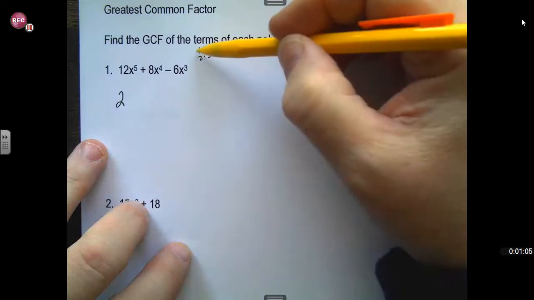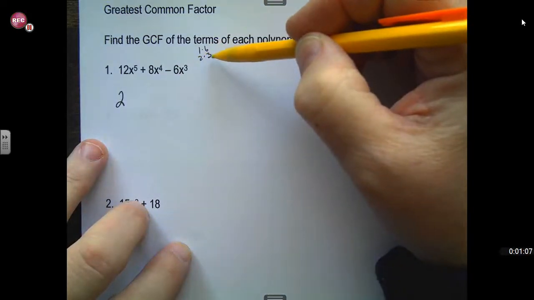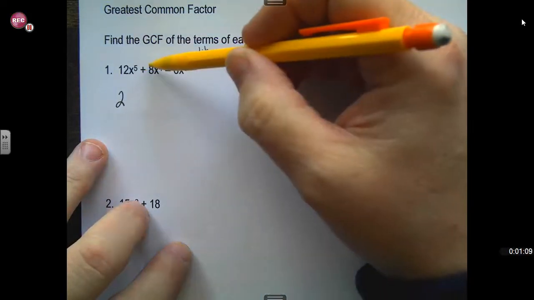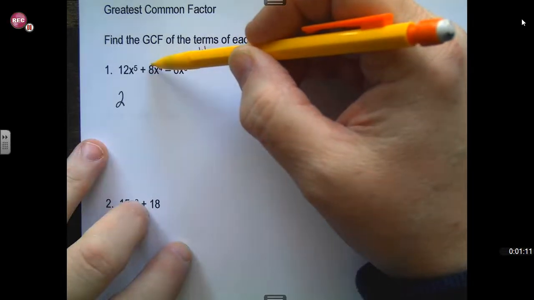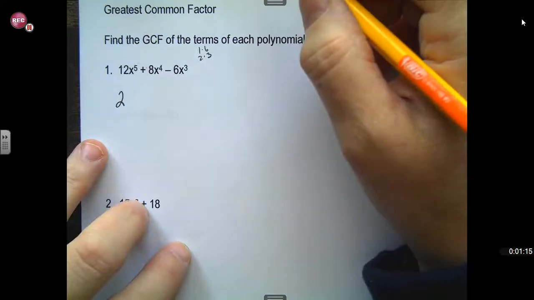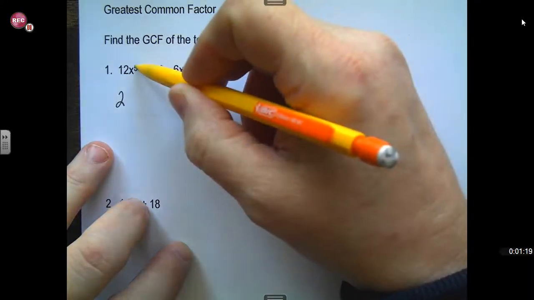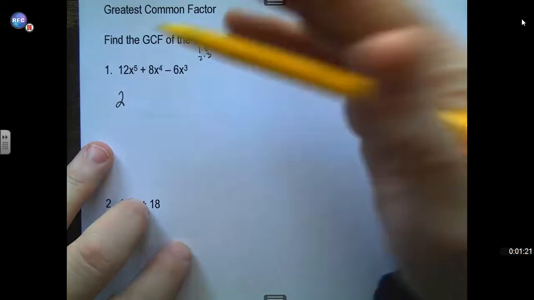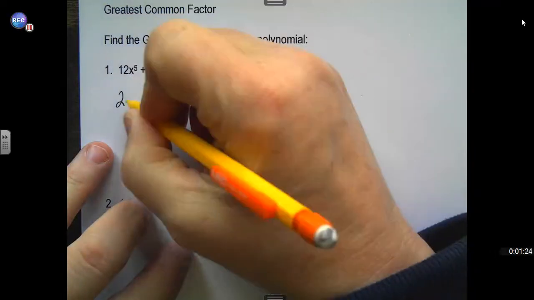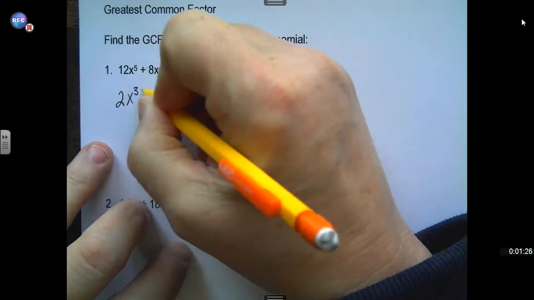Of those numbers, what's the biggest one that divides evenly into the other two? The answer is 2 in this case. And when I look at x cubed, x to the 4th, x to the 5th, at most how many x's do they have in common? It's x to the 3rd.